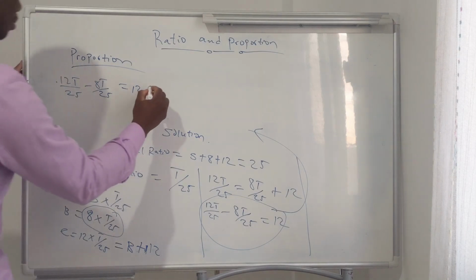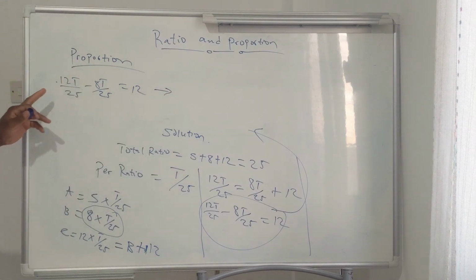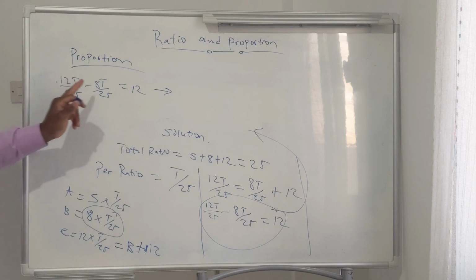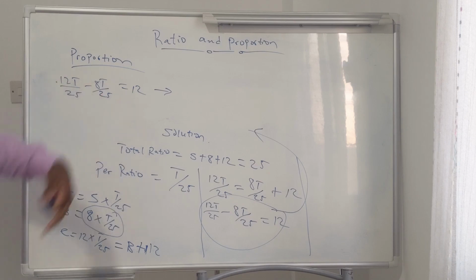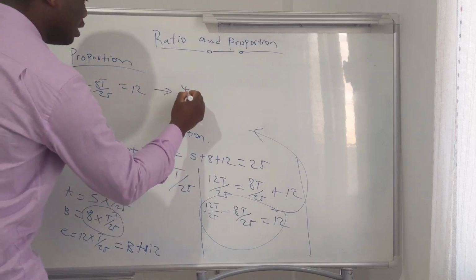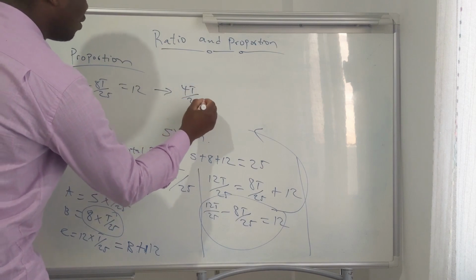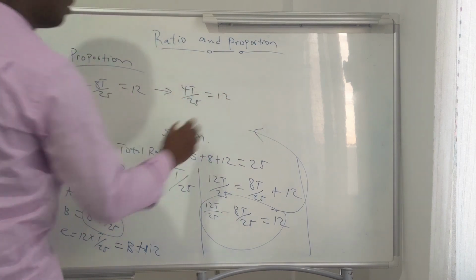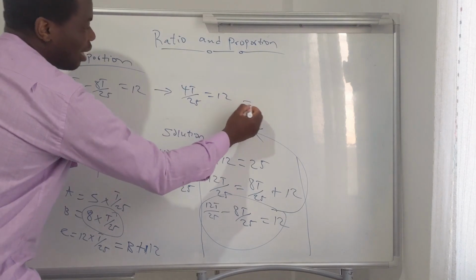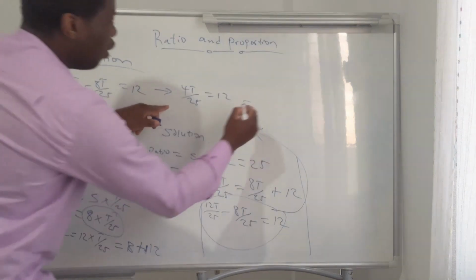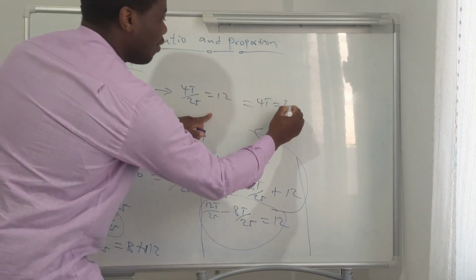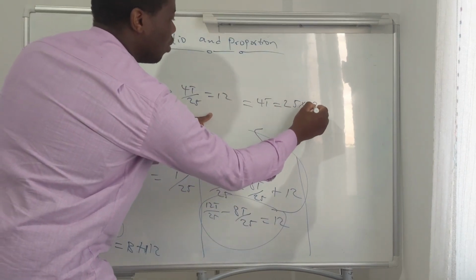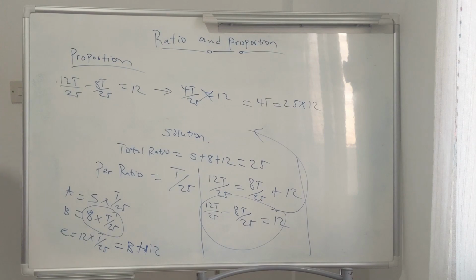So now from here, since they have the same denominator, 12T minus 8T is 4T. So we can say 4T over 25 is equal to 12, which gives 4T equals 25 multiplied by 12 if we cross multiply.